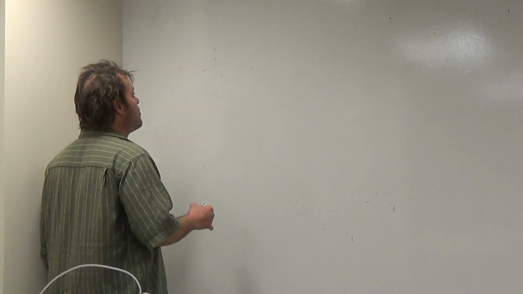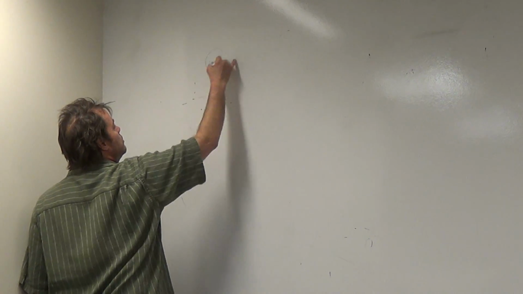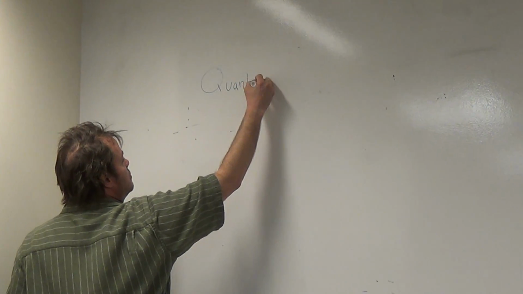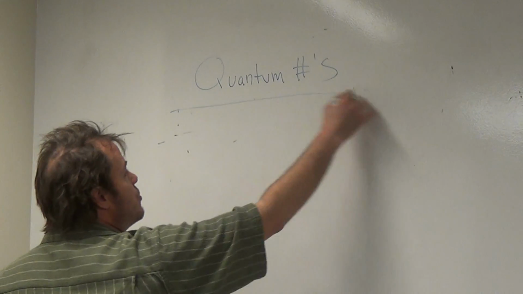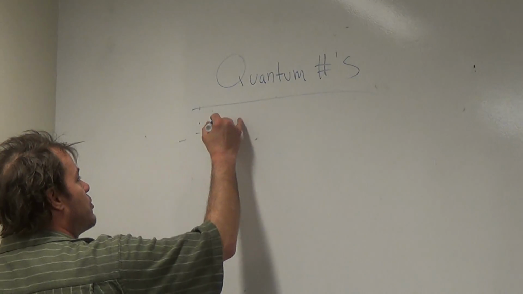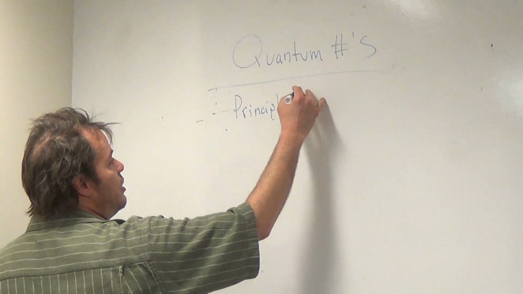And there's a couple of things that we're going to be keeping in mind, and those are quantum numbers. We've got a quantum number for the principal energy level.